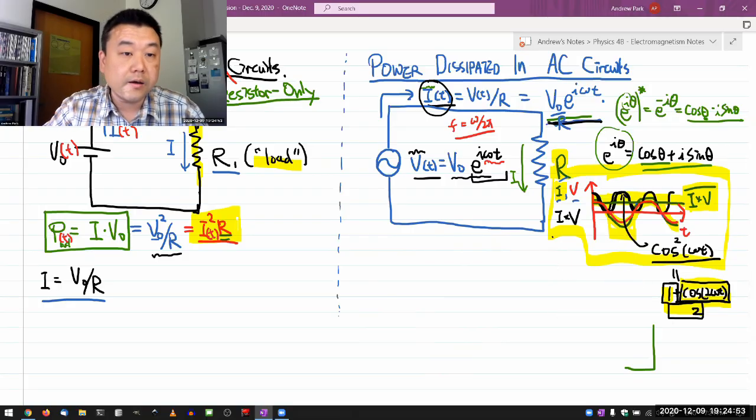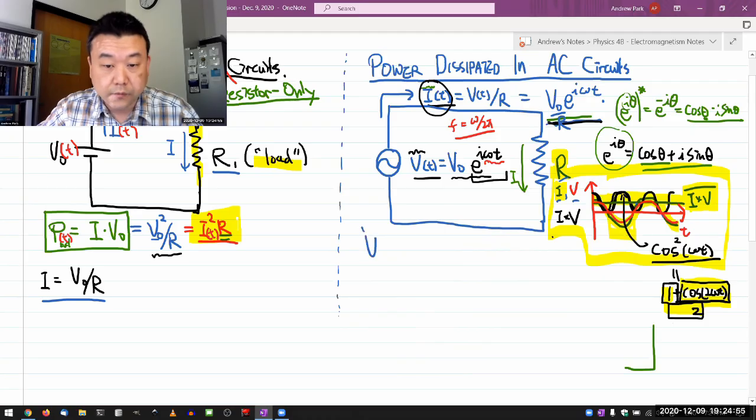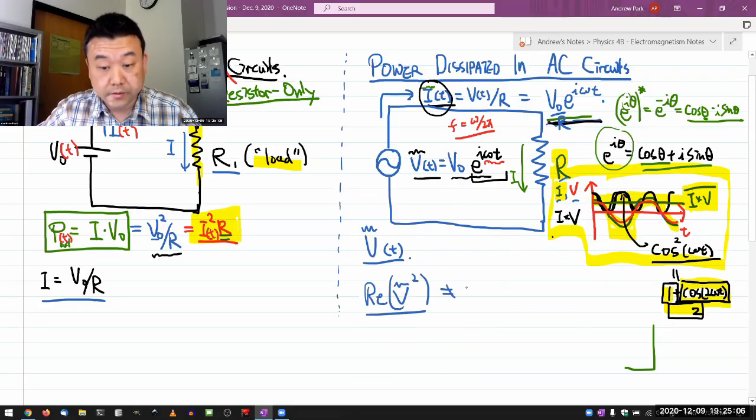So if you have, let's say, complex voltage source of t, then what you would get by taking the real part of the complex function squared is different from what you would get if you took the real part and then squared what you got there. That's different.